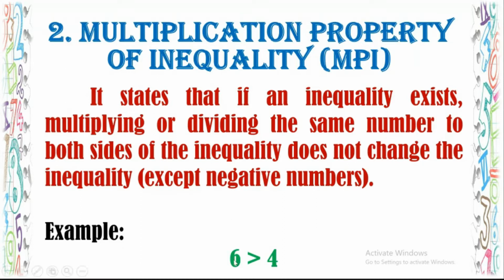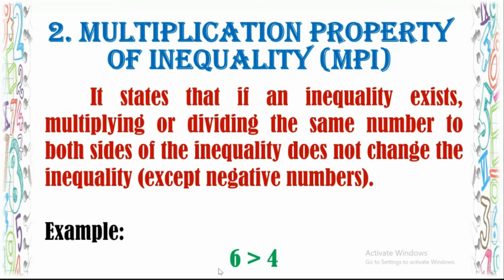So if from here we have, say for example, multiplying negative 1 to both sides of the inequality, we have negative 6 is greater than negative 4. To make it a true statement, we must take the reverse of the greater than symbol, and that is less than. So we now have negative 6 is less than negative 4.